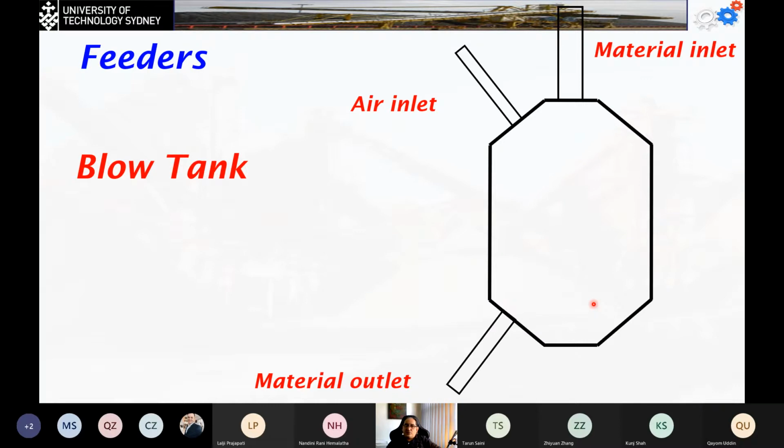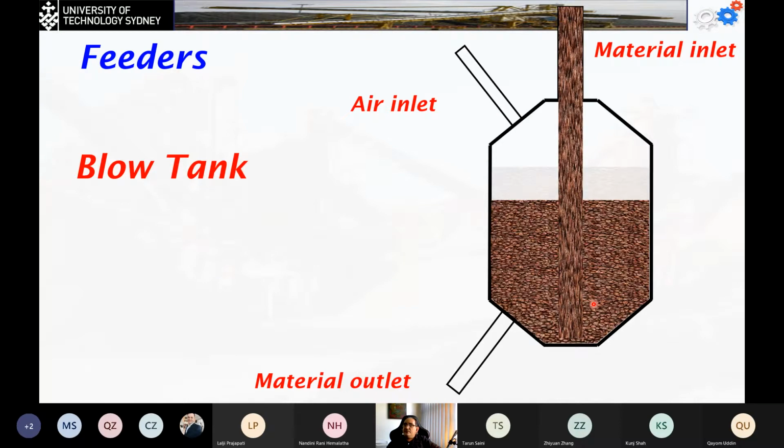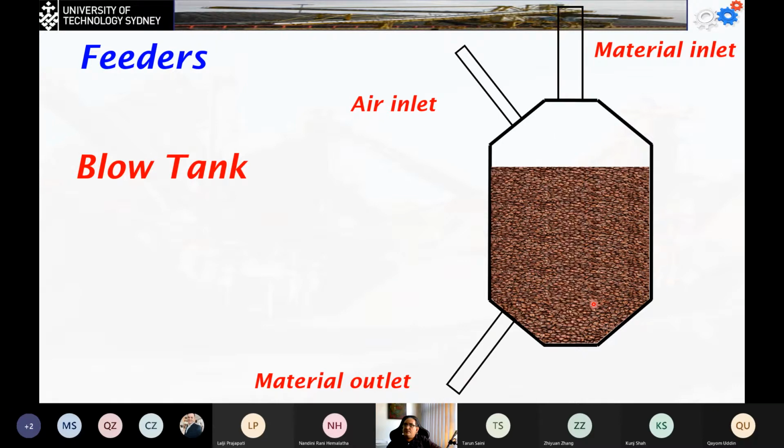So the steps of the operation are: first we have the empty tank, to fill with the material, and then close the material inlet. Instead of that, we're going to open the air inlet. So it's going to pressurize the whole tank until we have a certain level of pressure.